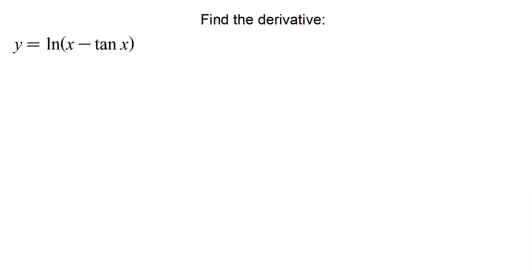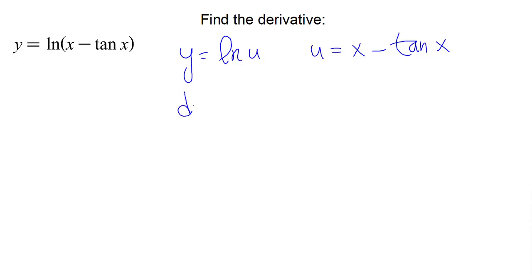All right, just a couple more here to go. Here's number 17. This is y equals the natural log of u, where u is x minus tangent of x. So dy du will be 1 over u, just like it was for all the other ones.